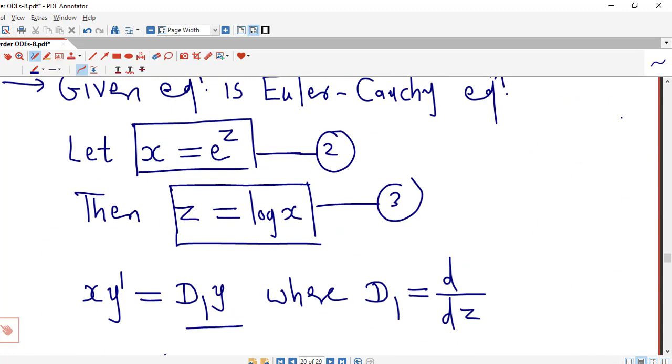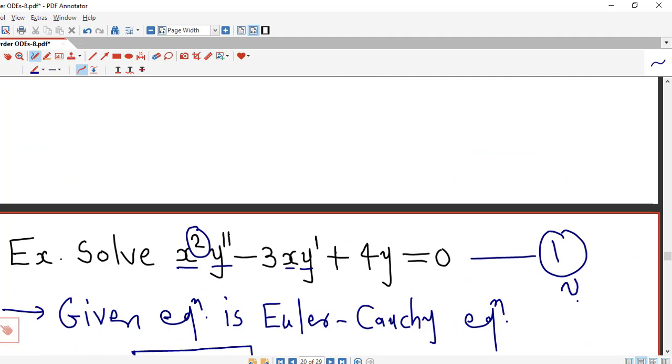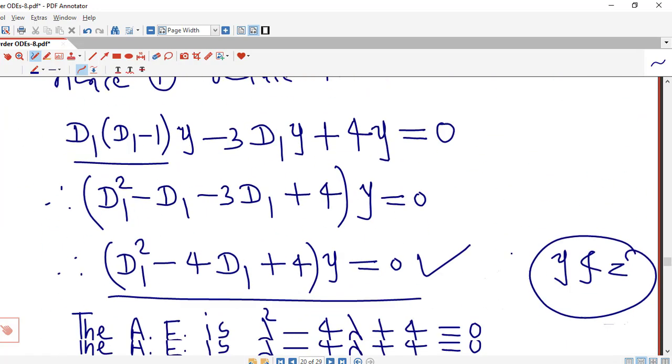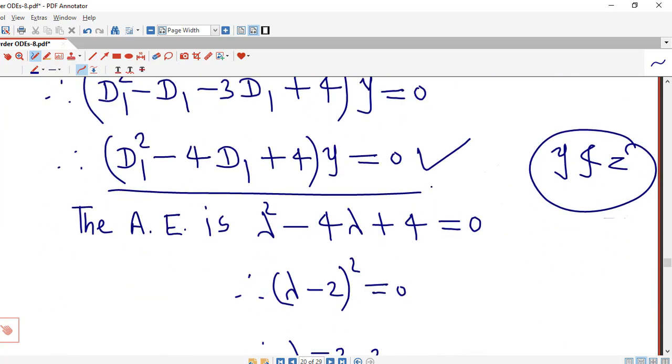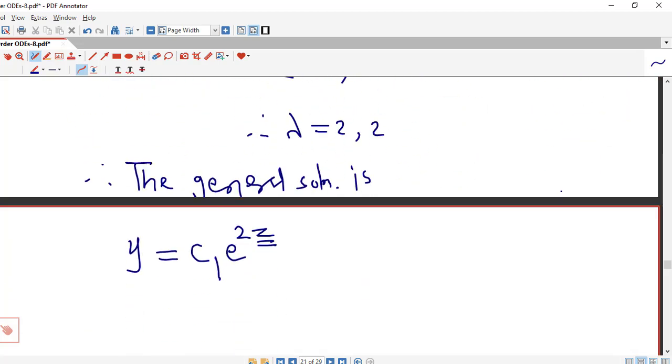The earlier equation was in terms of y and x, but it is not an equation with constant coefficients in y and x. So we have converted the equation in y and x to an equation in y and z, so that it has become an equation with constant coefficients. Here our independent variable is z, so never write x here by mistake.